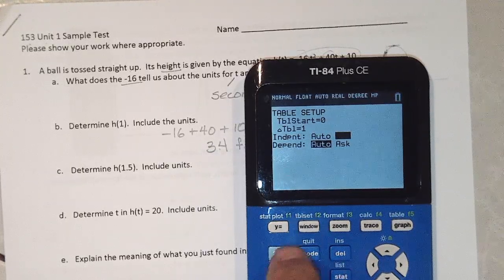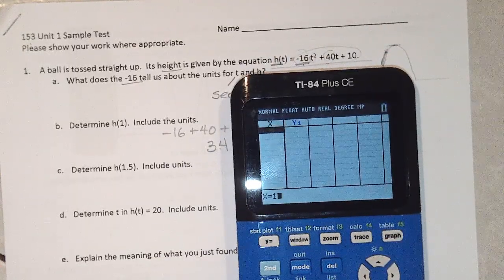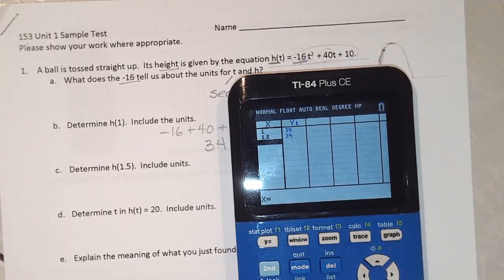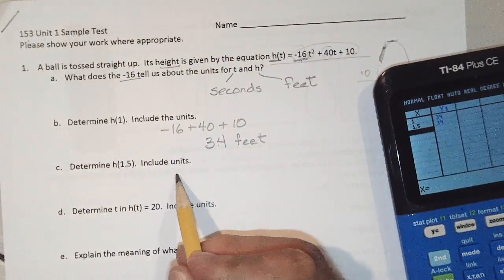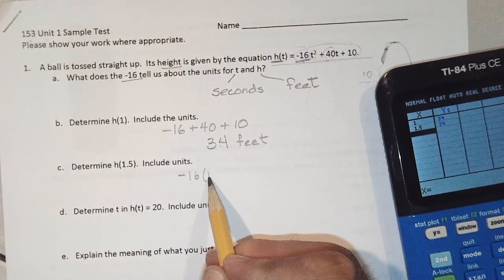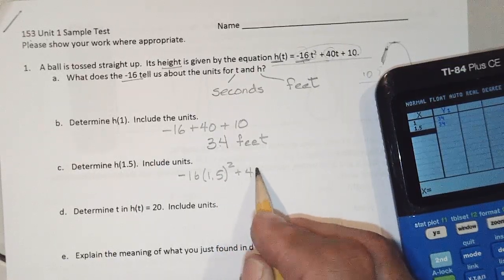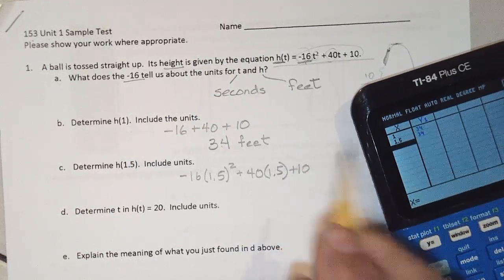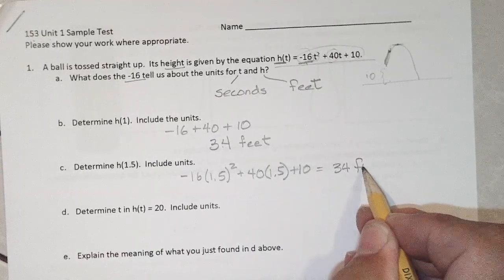Table set's here, second window. And then I can go to table, and it says, okay, where do you want to know? I say 1, it says 34. 1.5, it says 34. Or I could type negative 16 times 1.5 squared plus 40 times 1.5 plus 10, and it'll work out to be 34 feet.